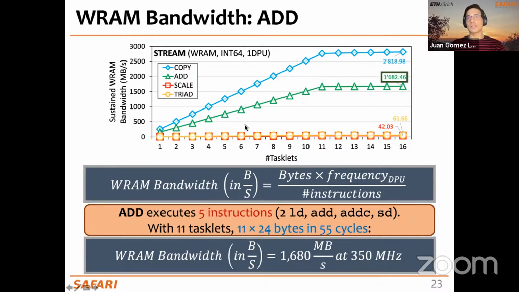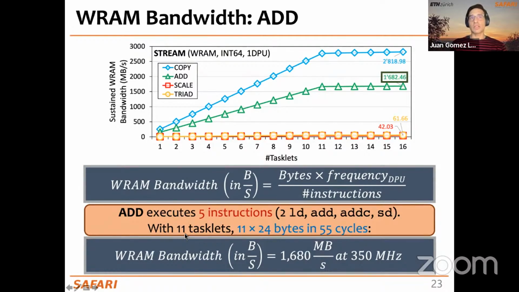And for add, it is something very similar. We can use exactly the same expression and reason in a similar way. In this case, for addition, we need 5 instructions because there are 2 loads, one of them for each input, because we are operating on 64-bit elements, and 1 store. And remember as well that in the addition, we have 2 input arrays and 1 output array. So in every iteration of the for loop, we read 2 elements and write 1 element. These elements are 8 bytes in size, so that means 24 bytes.